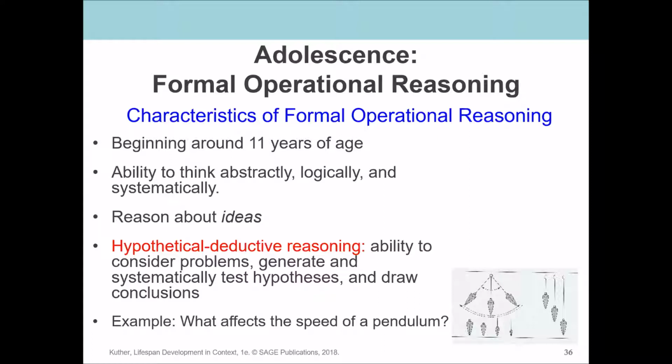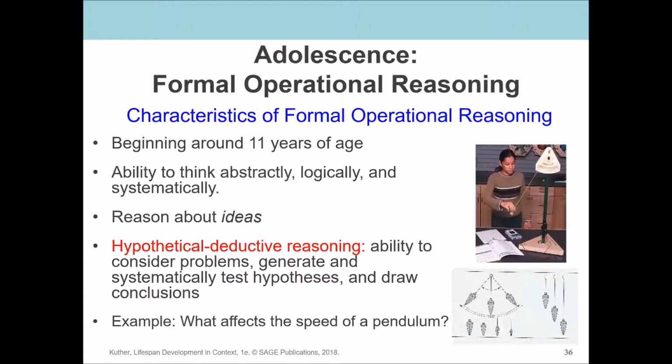Younger kids in the concrete operational stage will approach a more trial and error type of solution that doesn't quite work with this experiment. They'll do a medium pendulum with a long string and pull it back far, and then a small pendulum with a short string and then pull it back a short amount. And they don't understand that in order to systematically test this, you need to vary only one factor at a time and collect data and look at how the speed is affected by each of these individual factors.